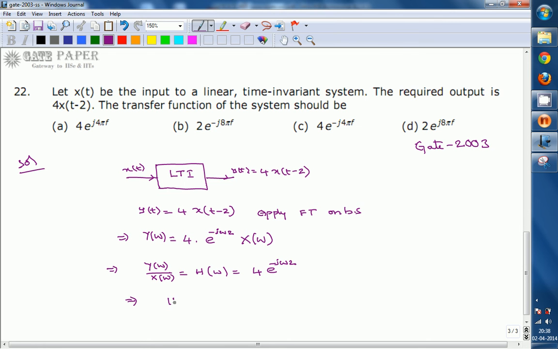Converting in terms of f, this is 4 into e power minus j 2 into 2 pi f, which equals 4 into e power minus j 4 pi f. So the transfer function of the system is 4 into e power minus j 4 pi f, that is option C here, that is the correct answer.